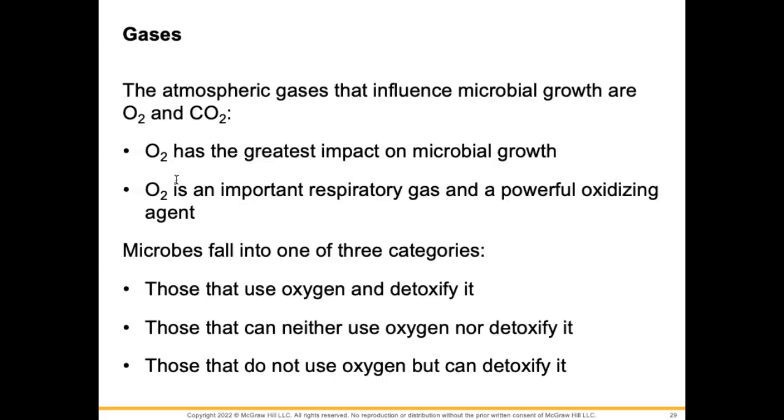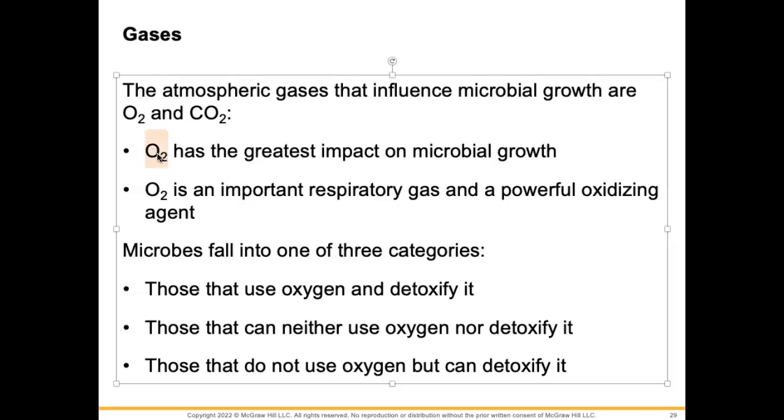I'll talk about this a little later, but when microbes get a hold of oxygen, some toxic byproducts are made. Some microbes are able to take care of those toxic byproducts and deal with them, and others are not.